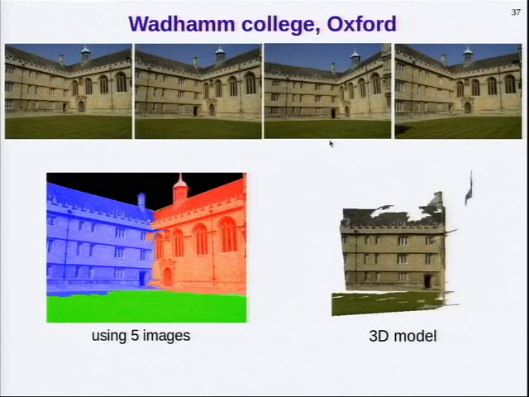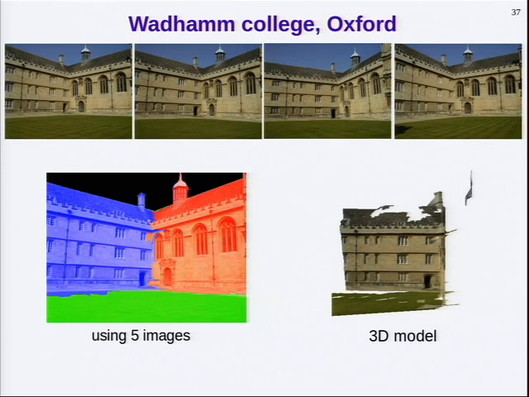The last sequence is again from the Oxford data set. It is Wadham College. We reconstructed the model of the building from just 5 images, and this is the result. What we want to show here is that we took into account only 3 dominant normals, but there is a roof which is not aligned with any of the dominant normals.